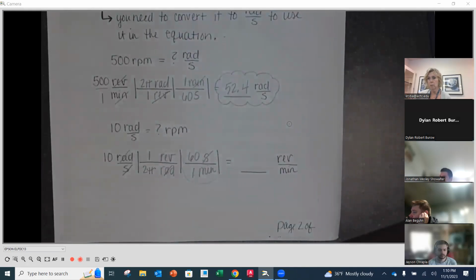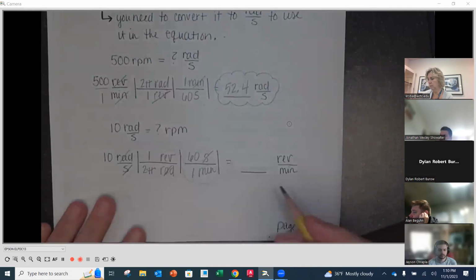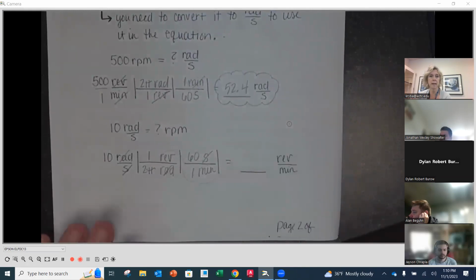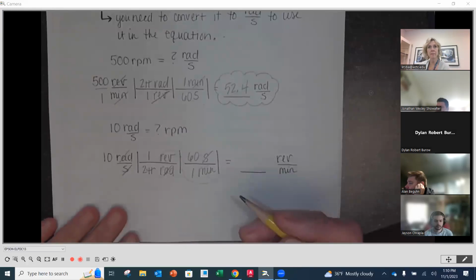So now you want to do the numbers. You want to do 10 times 1 times 60 divided by 2 divided by pi and divided by 1, right? How many revolutions per minute do I end up with when I start with 10 radians per second? 95.5?